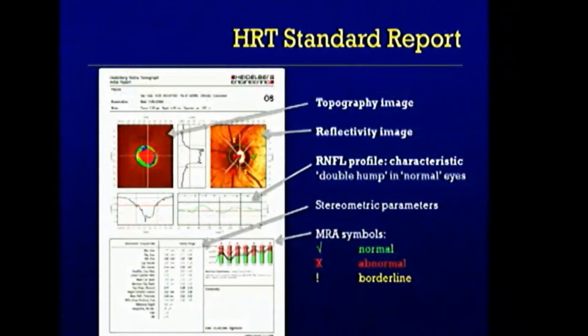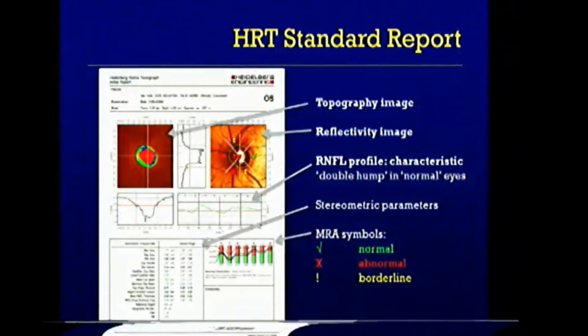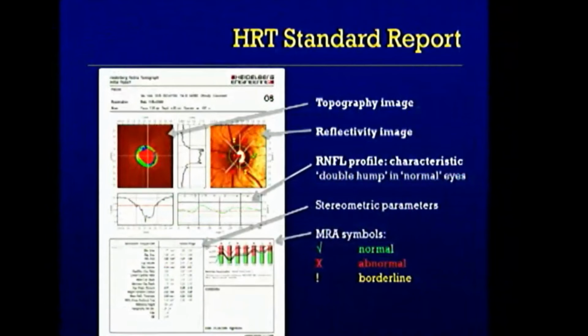Okay, so the original HRT had about 100 normals in their database. So when you take a measurement of a patient, it will compare the rim area for that patient with the normals in your database and say, is it within the 95% confidence interval for normality or not? Okay, so it doesn't tell you whether the patient has glaucoma. That's the clinician's decision. Okay, but what it tells you is whether it's statistically likely to be normal or not.